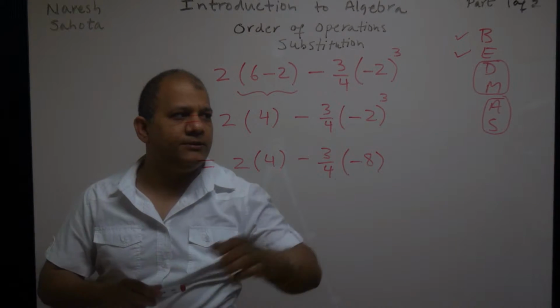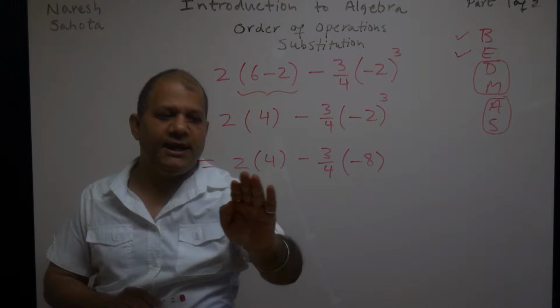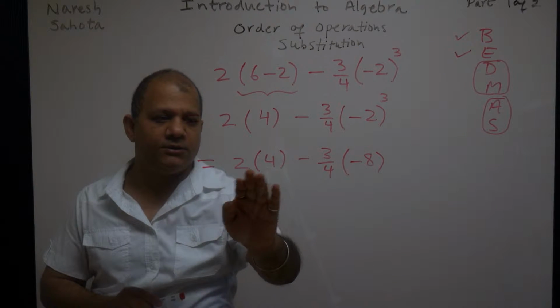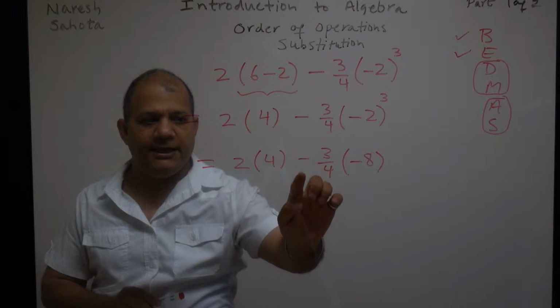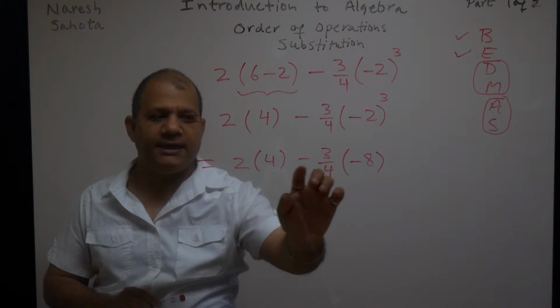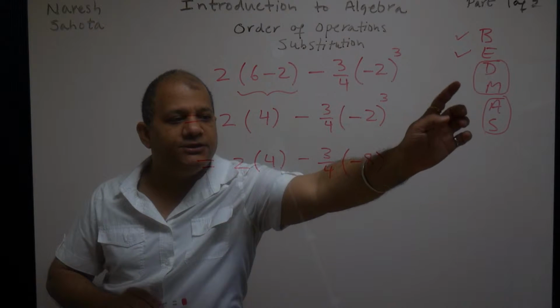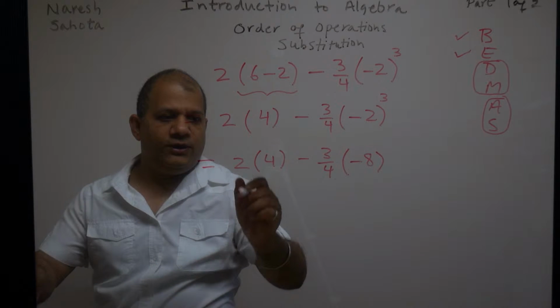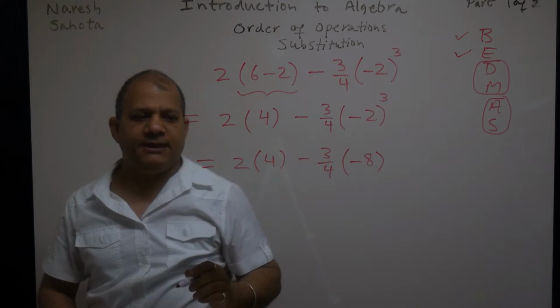And now we will deal with any division and multiplication that may exist. Here we have multiplication. We're multiplying 2 and the 4, and this is also a multiplication, and in the middle, the two terms are connected by a subtraction. So let's do our division or multiplication. Division and multiplication can be done together at the same time.